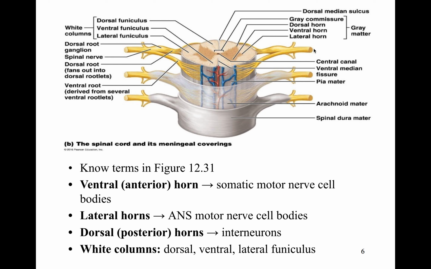So sensory information is brought to the spinal cord through the spinal nerve, specifically through that dorsal root. And those sensory or afferent neurons are going to synapse with interneurons in the dorsal horn of gray matter. Those interneurons exist completely within the central nervous system. They can then carry that sensory information up towards the brain.